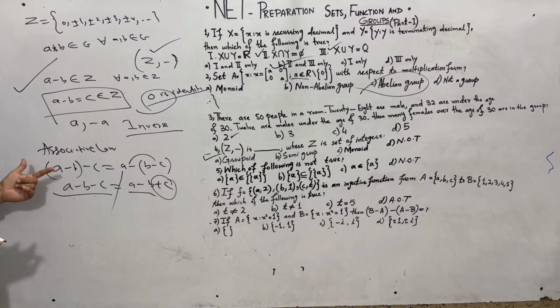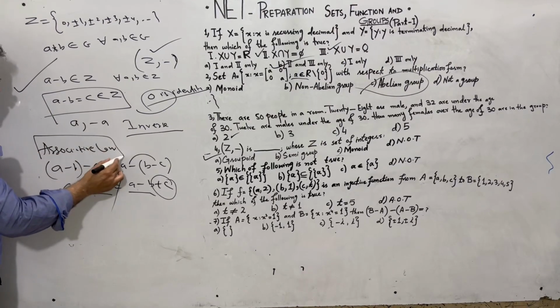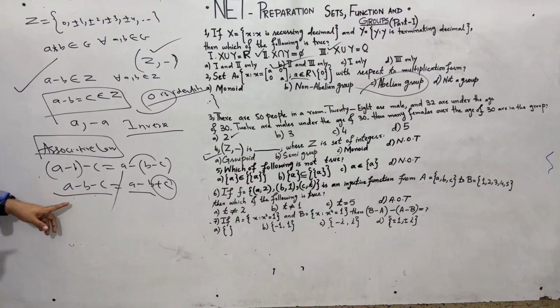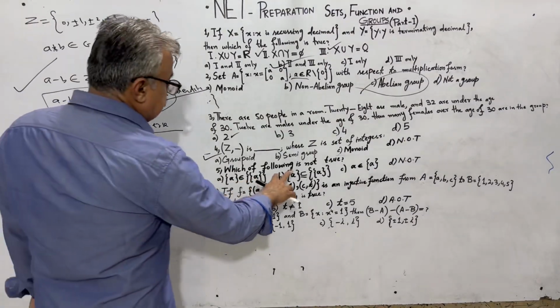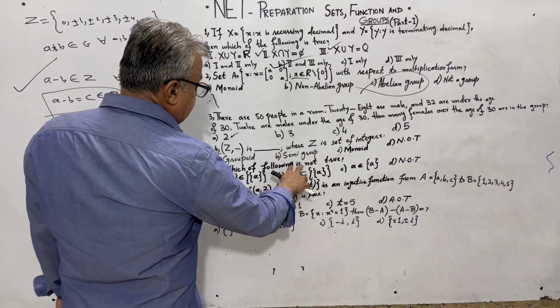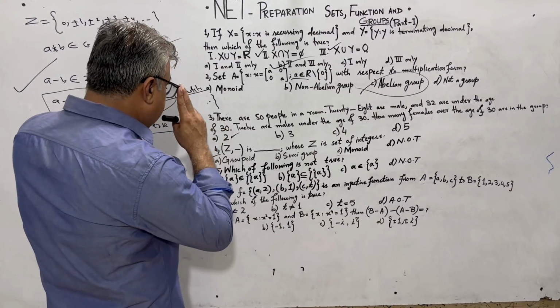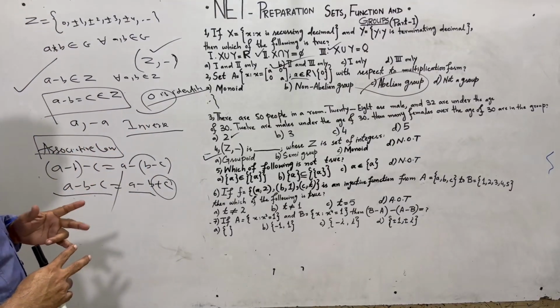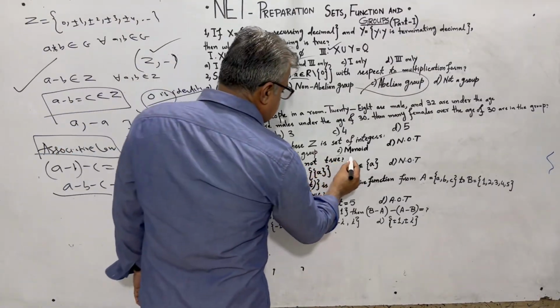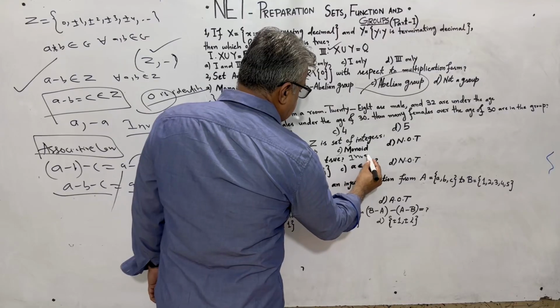Where lies the fault? That is the flaw under subtraction: the associative law fails. So according to the requirement, three conditions have been met, and for a semigroup, how many requirements are there? Monoid without inverse, no inverse.